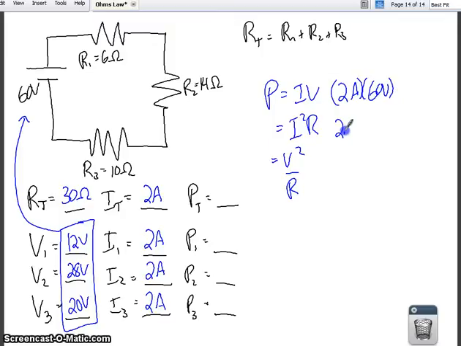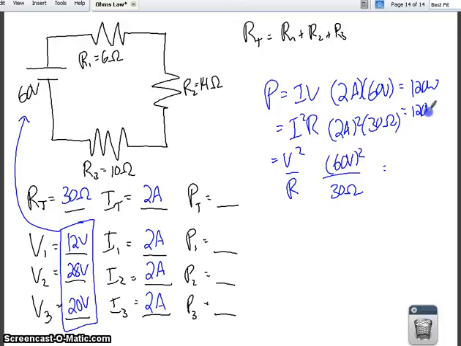The total current is 2 amps squared times the total resistance, 30 ohms, and this one 60 volts squared divided by 30 ohms. In every single one of these, it doesn't matter what equation we use, we get 120 watts. Okay, so we'll put 120 right there.